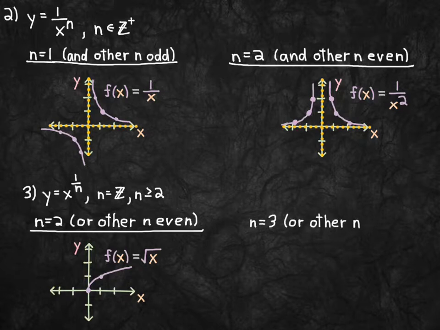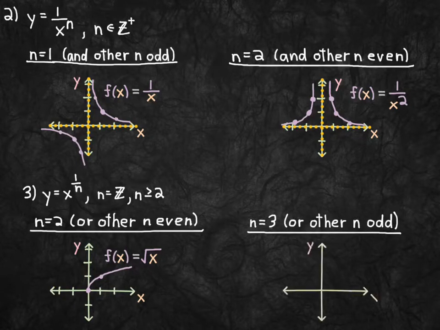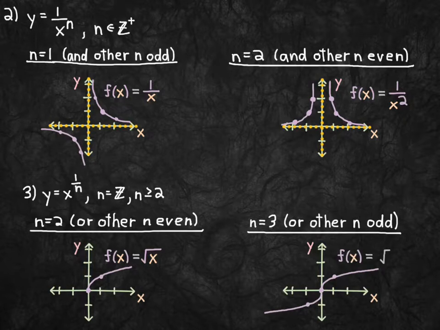Now for n equals 3 or other odd n's, it doesn't have an endpoint. It just continues. It kind of looks like the cube root sideways, or the cube sideways and flipped over. So this part on the right hand side looks like a cube root that's been flipped over sideways.